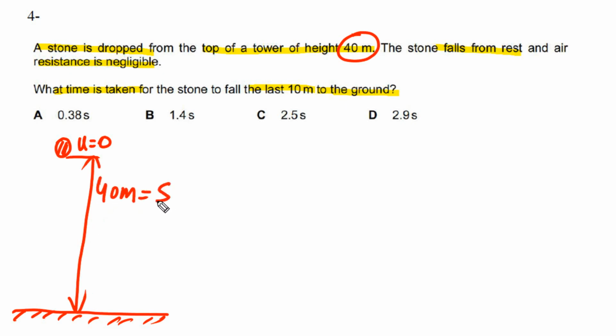We can also call this S. Now it is also given that the last distance is 10 meters. Let's say this distance is S1 and this one is equal to 10 meters. If this is 10 meters, then we can also find S2. S2 in this case will be equal to 30 meters, meaning 40 minus 10.